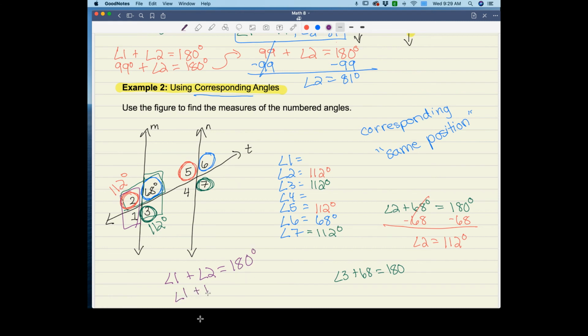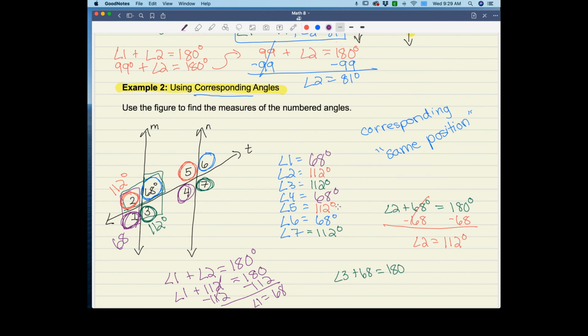So angle 1 plus 112 has to equal 180. If we subtract 180 minus 112, we learn that angle 1 is equal to 68. So angle 1 is 68, which means angle 4 is 68 degrees.